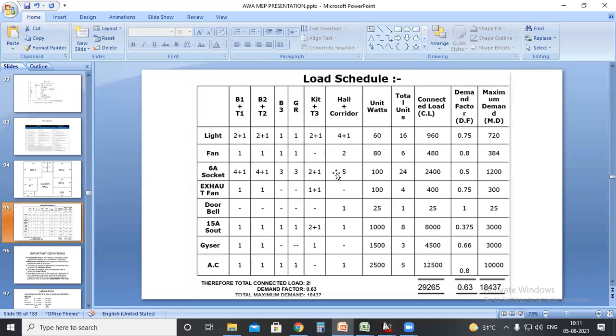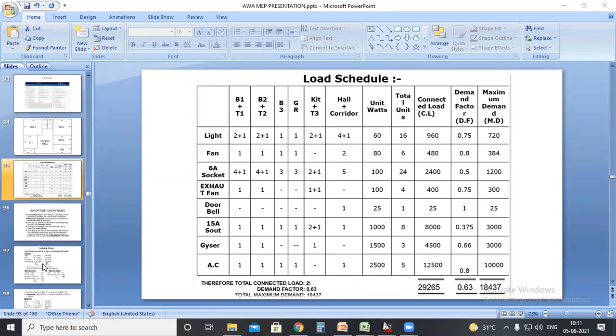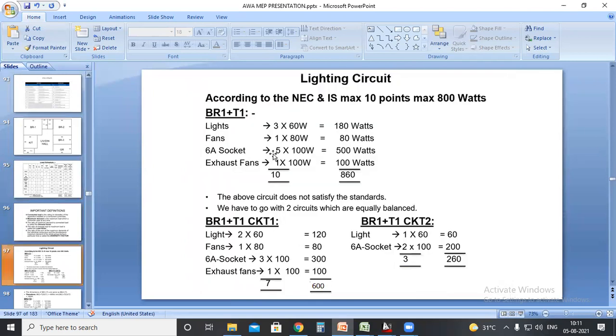Then 5 into 100, where 100 is the unit wattage and 5 is the total number of sockets. Then comes the exhaust fan. Here also the unit wattage is 100, so we multiply 100 into 1. So the total load for the lighting circuit for bedroom 1 plus toilet 1 would be, and the points are 10.